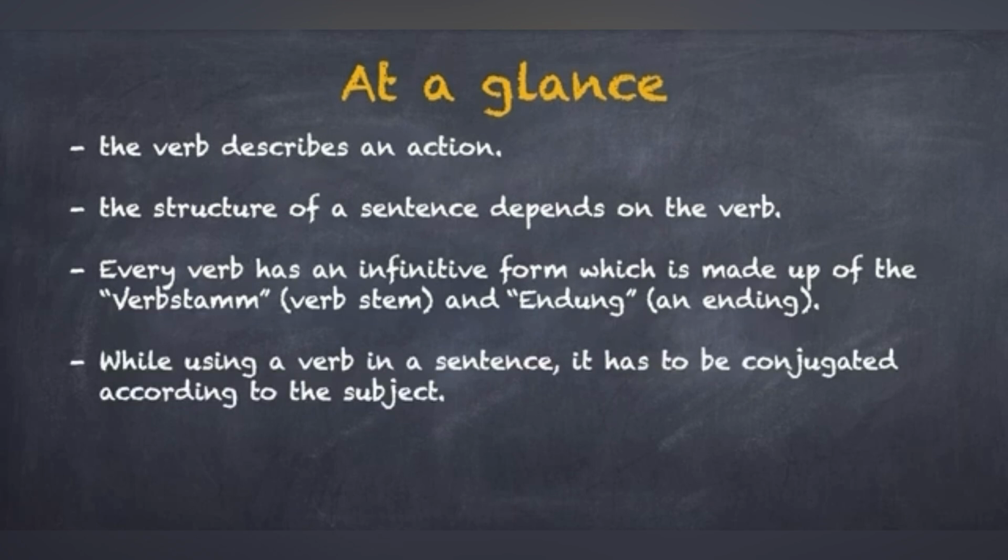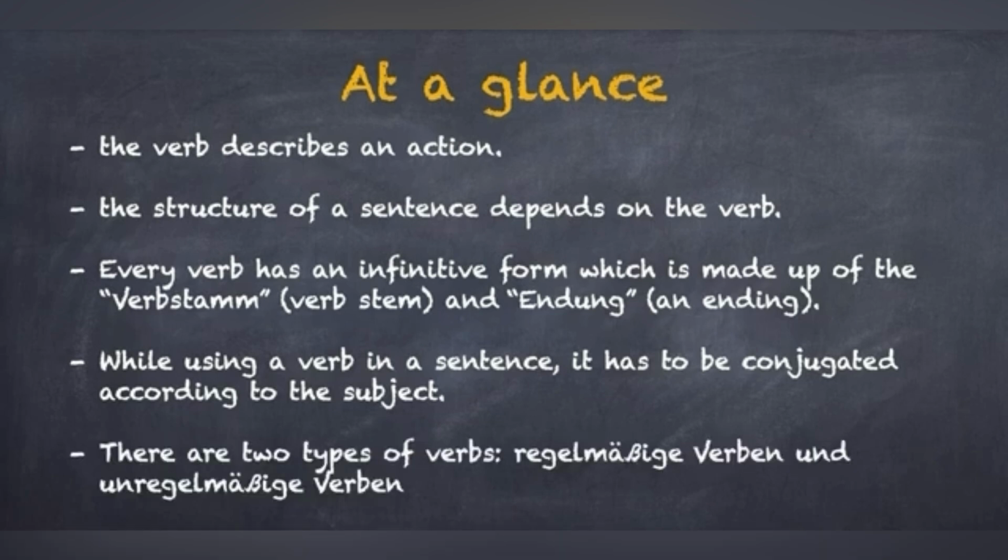While using a verb in a sentence, it has to be conjugated according to the subject. There are two types of verbs: regelmäßige Verben und unregelmäßige Verben, regular verbs and irregular verbs.